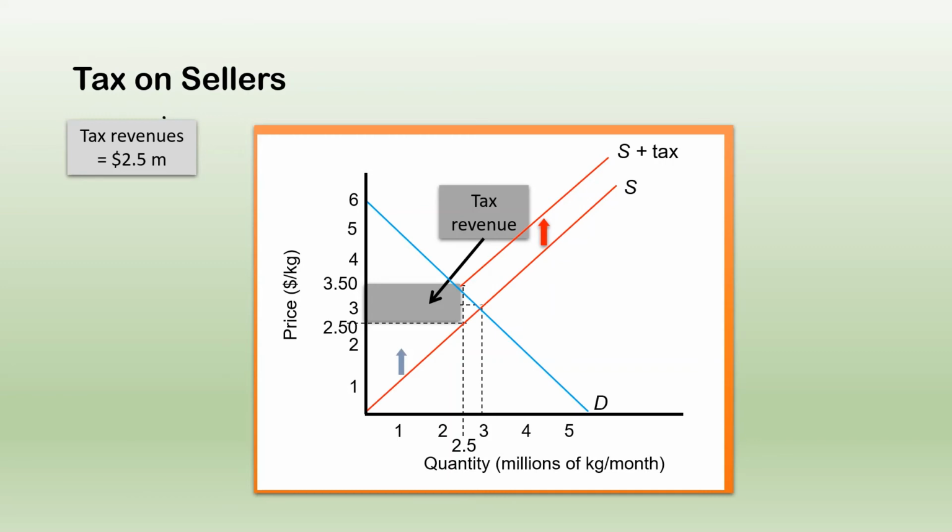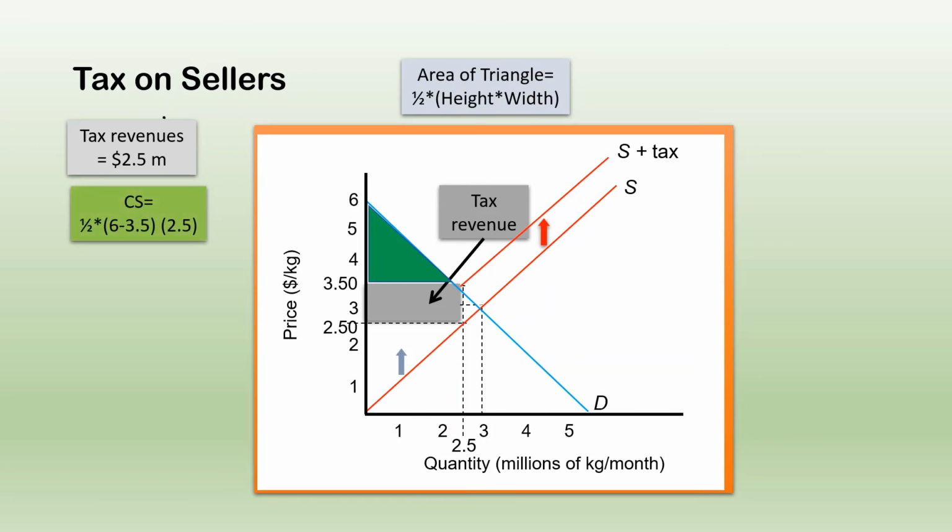And what about the consumer and producer surplus? Diagrammatically, the consumer surplus is actually the area of this triangle, which can be calculated by using this formula. And consumer surplus is equal to, what is the height of this triangle? 6 minus 3.5, and what is the width? It is 2.5.